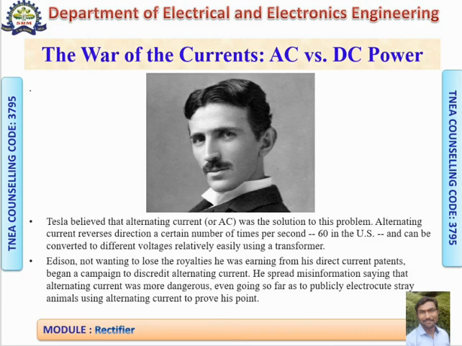Edison, not wanting to lose the royalties he was earning from his direct current patents, began a campaign to discredit alternating current.